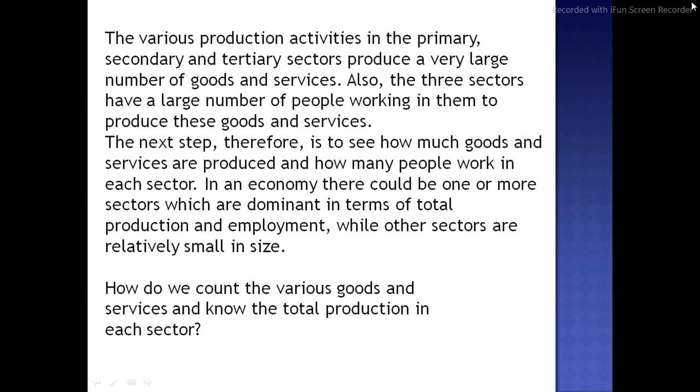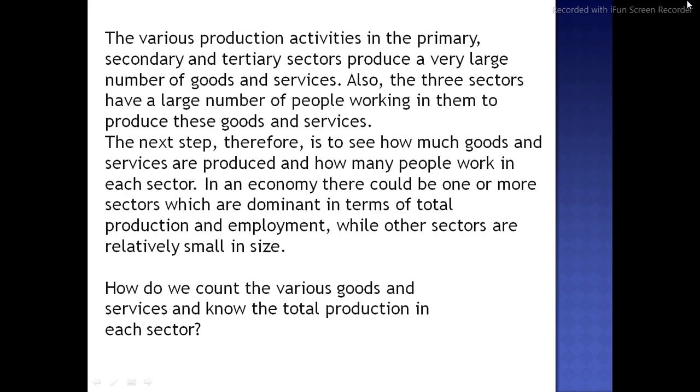The first paragraph talks about the various production activities in the three sectors, primary, secondary, and tertiary. Also in these three sectors, a large number of people work to produce goods and services. The next step, therefore, is to see how much goods and services are produced and how many people work in each sector.